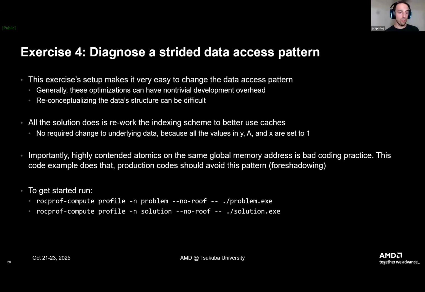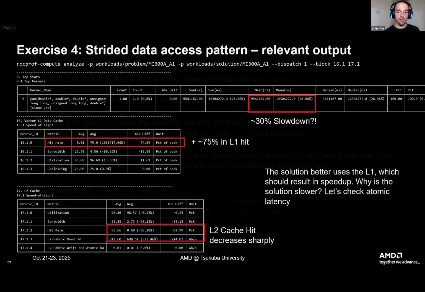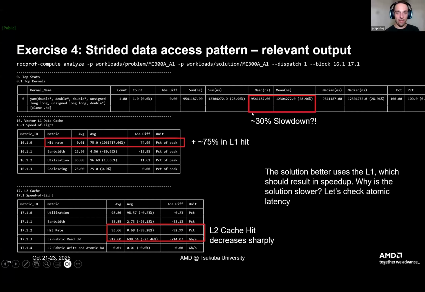And then we're just going to run Rocprof-compute profile for both cases and check the results. So surprisingly, we got a slowdown removing that. But we also got a lot better L1 cache hit.